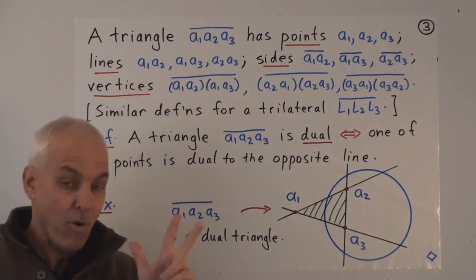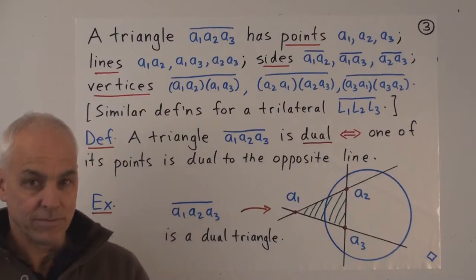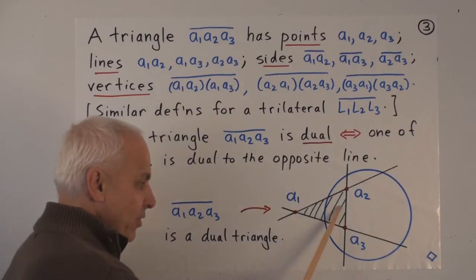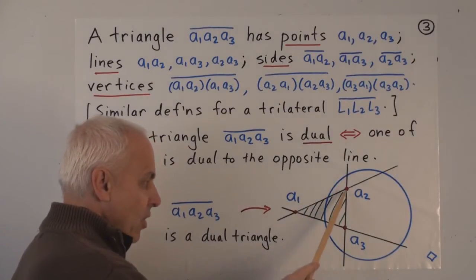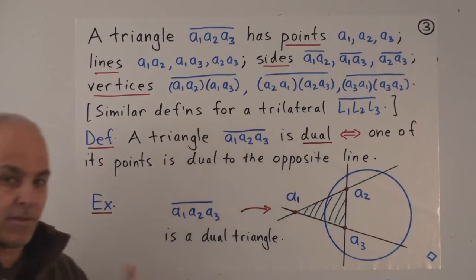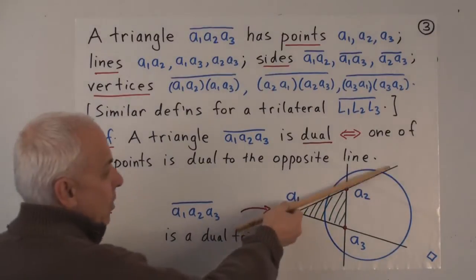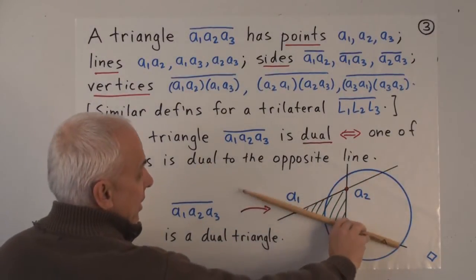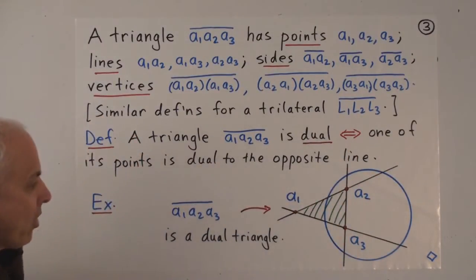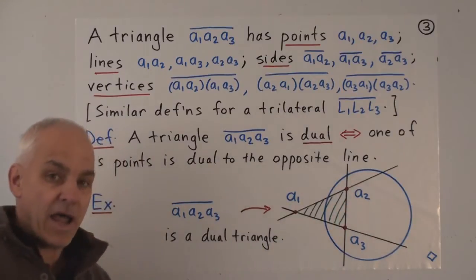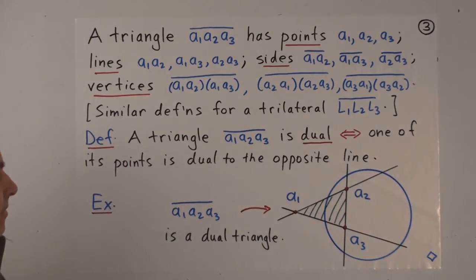So there are only 3 points to a triangle. These points don't count, the points on the lines don't count, only these 3 points in the triangle. It also has lines A1A2, A1A3, and A2A3. So we call this a line of the triangle.